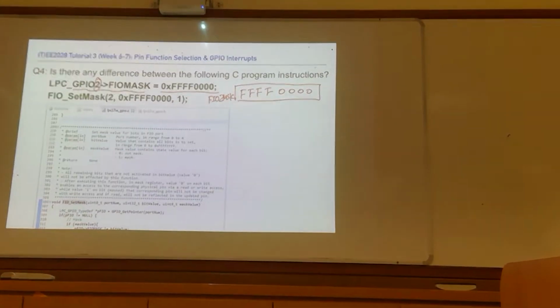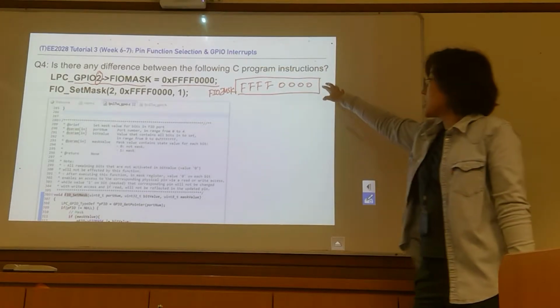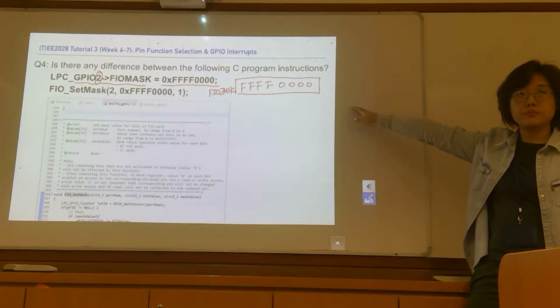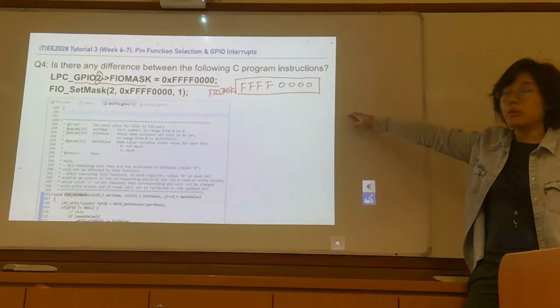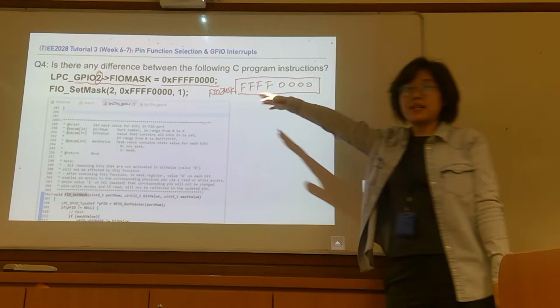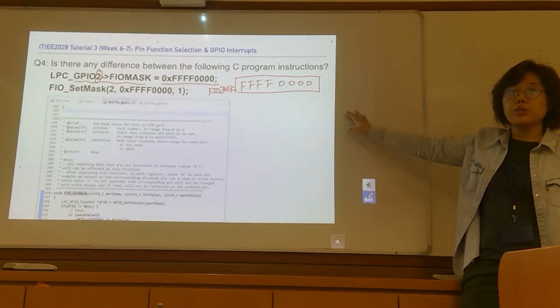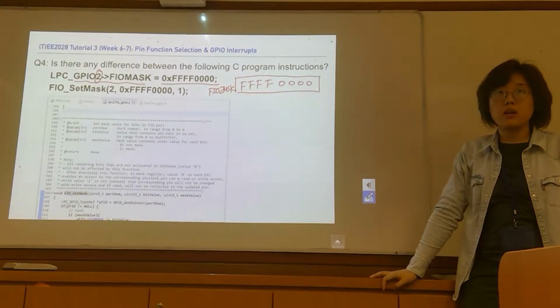So what does it mean? Once you set your FIO2 mask register like this, what did you do? Remember, if you write 1 to the mask register, what will happen? You are no longer be able to control the pins. Okay?